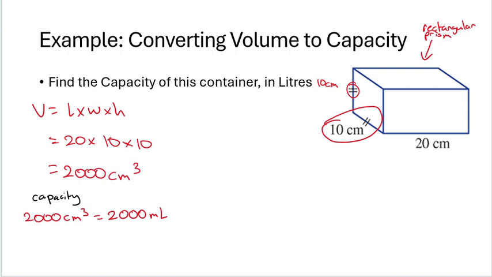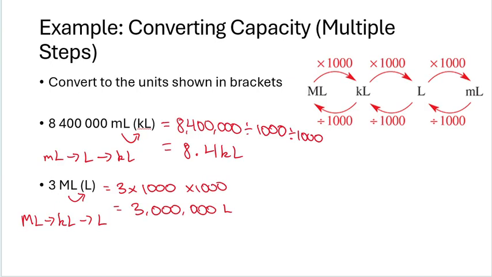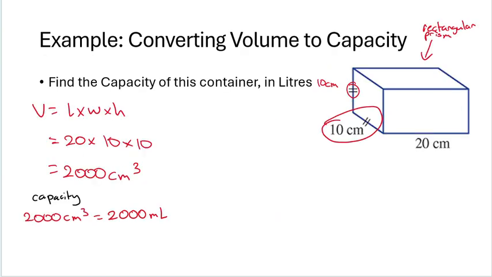And then, because we need to go from milliliters to liters, just using our flowchart, it says here we're going to divide by 1,000. So now we just go 2,000 divided by 1,000, and that just equals 2 liters. And that is our final answer.